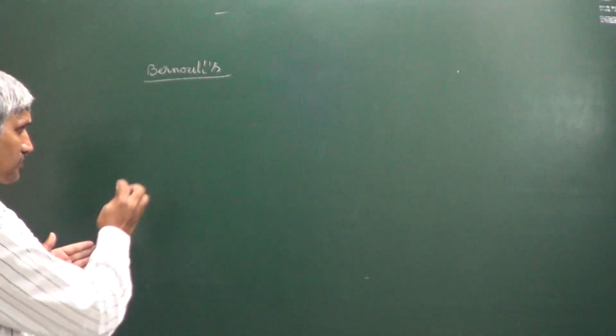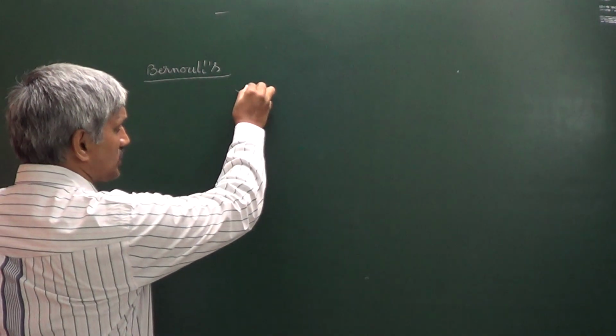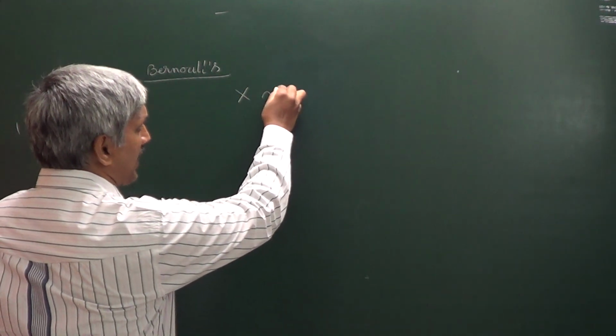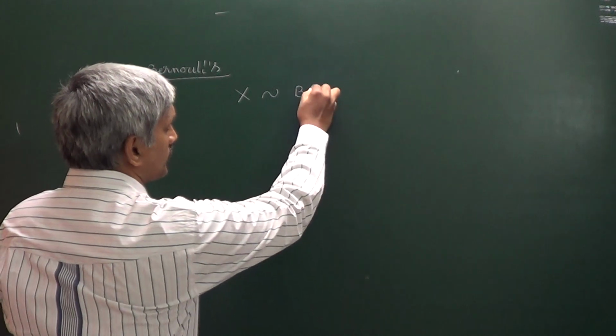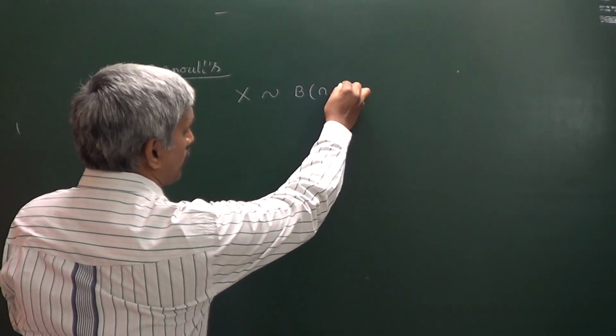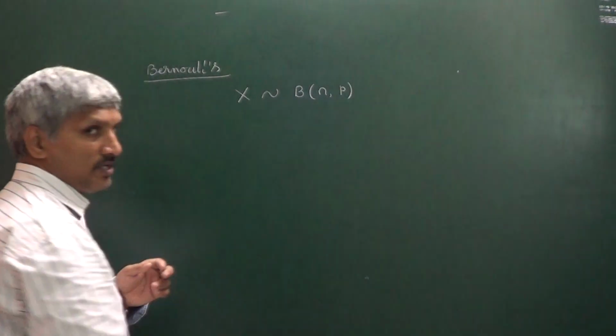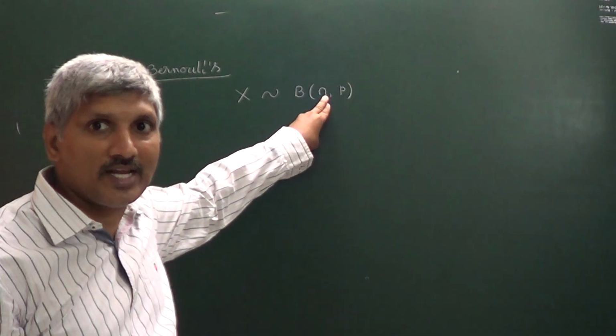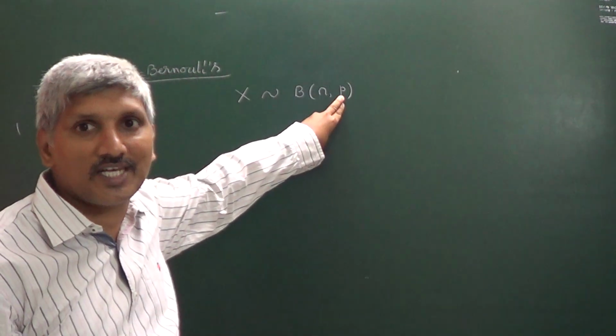Now here X is said to follow a binomial distribution. N denotes the number of trials, P denotes success.